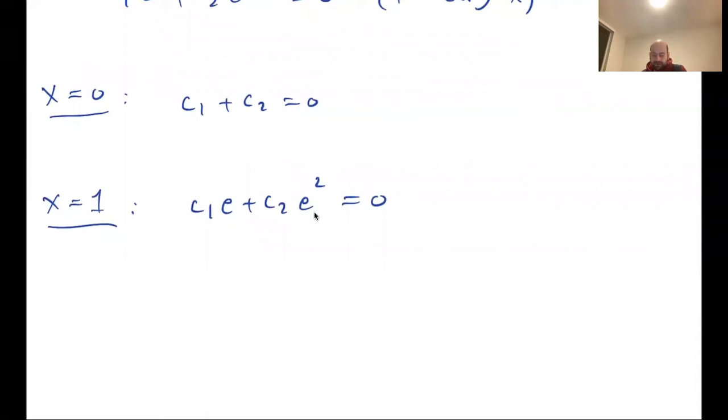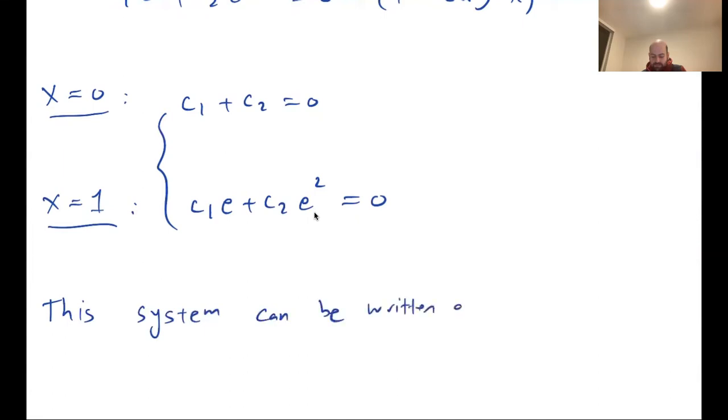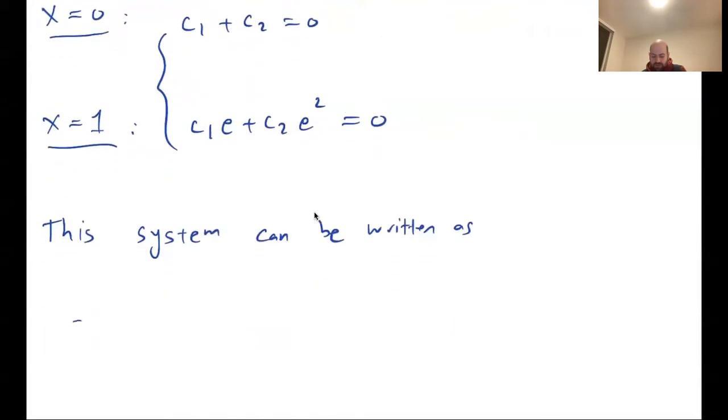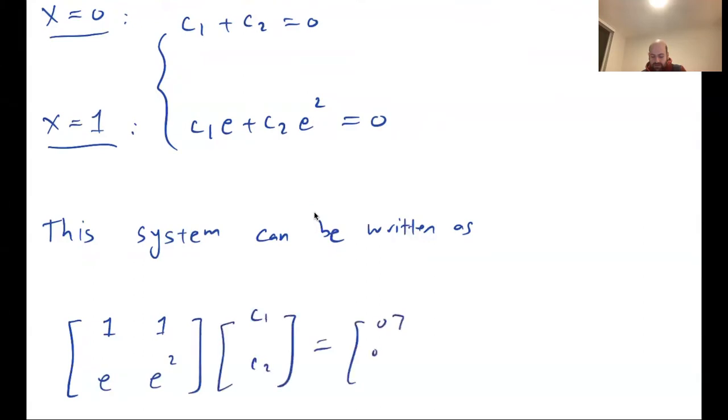And I can write this system in the form: 1 1, e e squared, times C1 C2, equals 0. So I wrote it in matrix form.